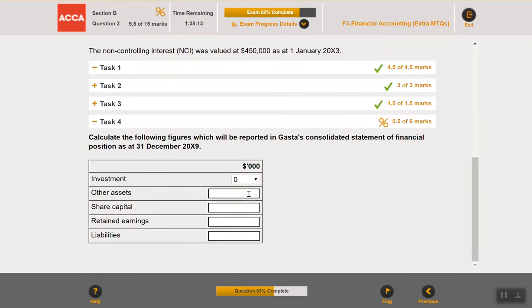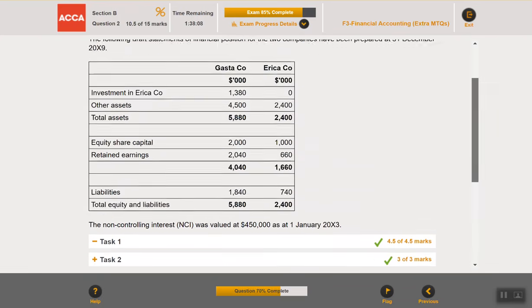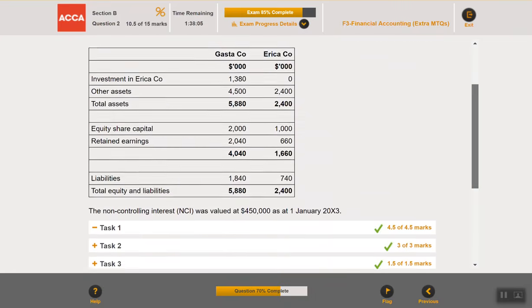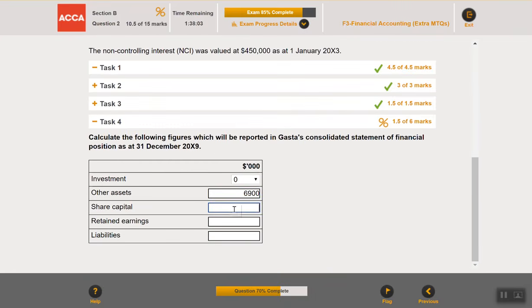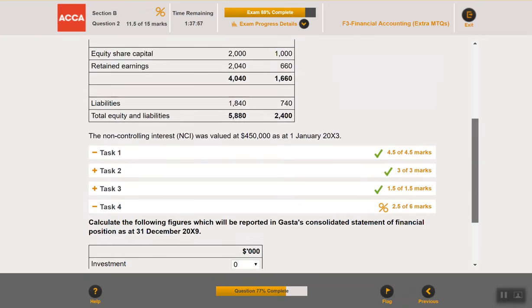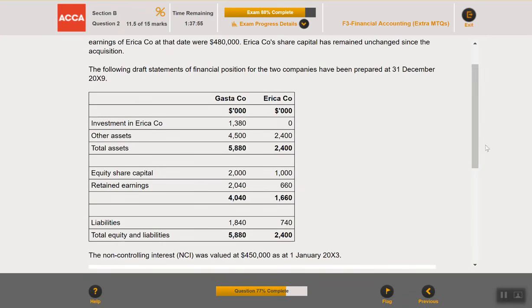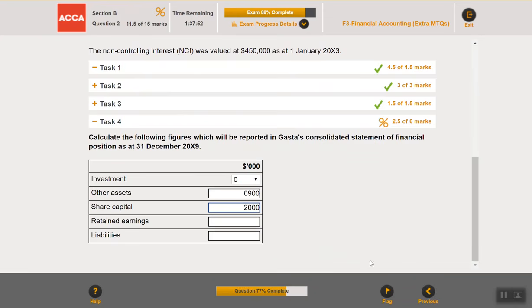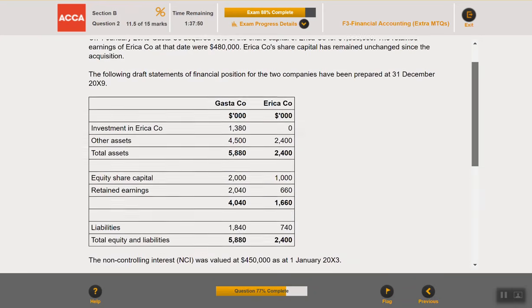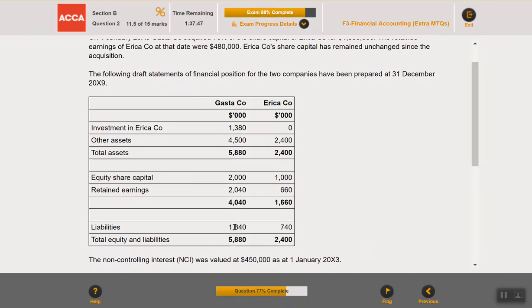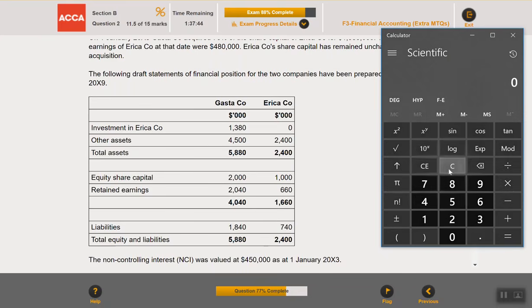Share capital, we only take the parent's. Retained earnings needs calculation, so leave that for the end. Liabilities, both of them combined. So 1840 plus 740, which is 2580.